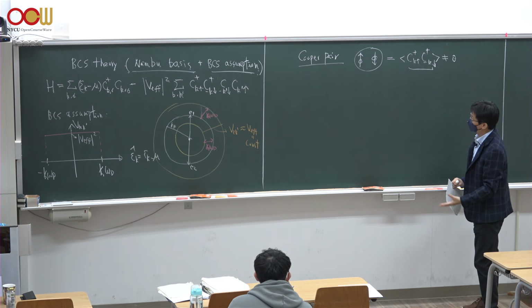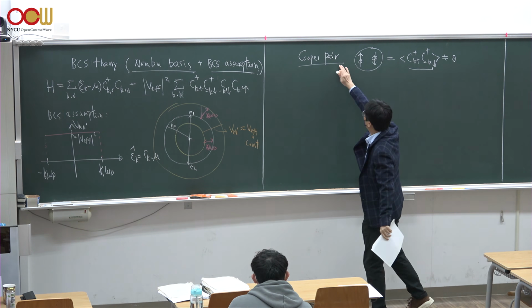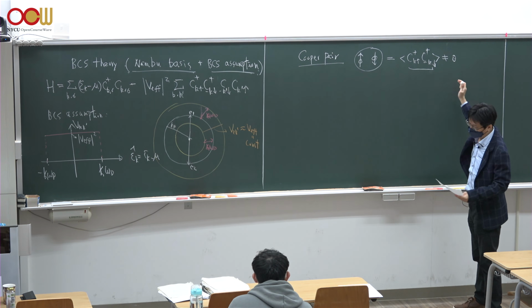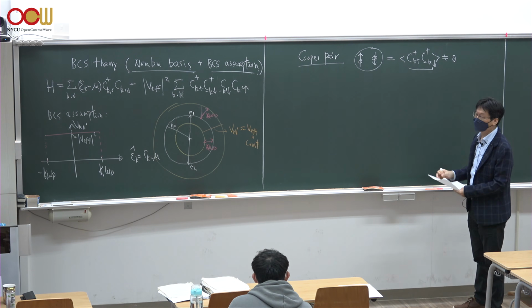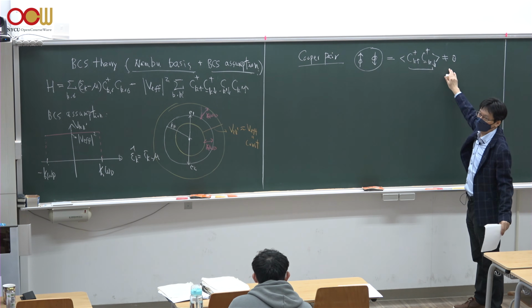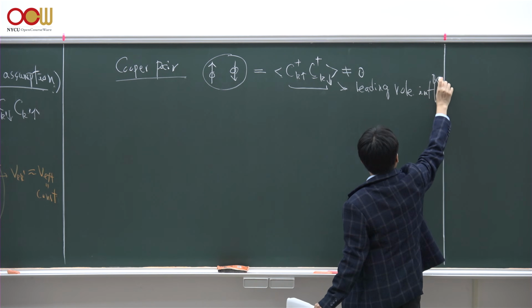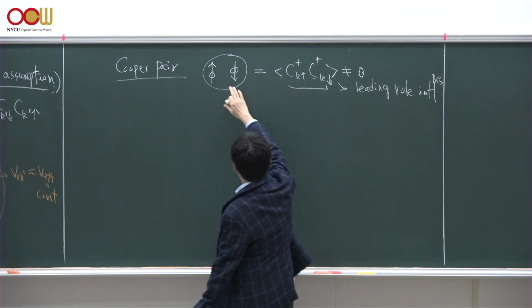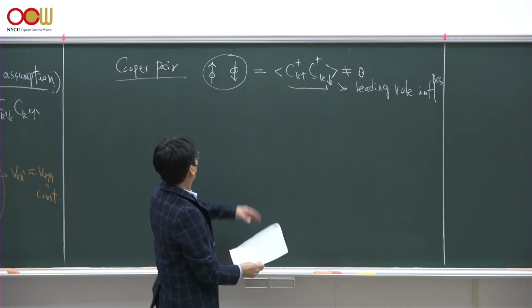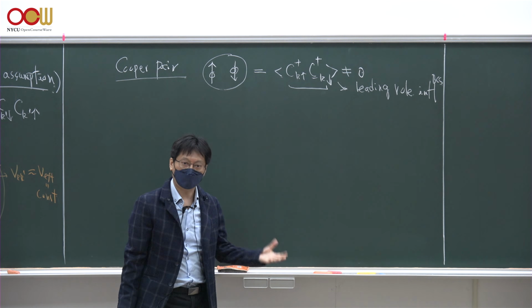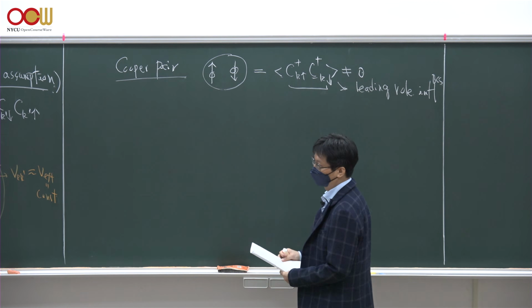Just because of the Cooper pair in the superconducting state, this quantity is finite. And this quantity plays a leading role in the BCS Hamiltonian, because we know that at low enough temperature this pairing should dominate the ground state property. We expect that this will dominate.